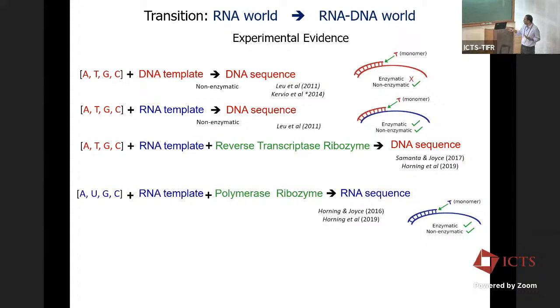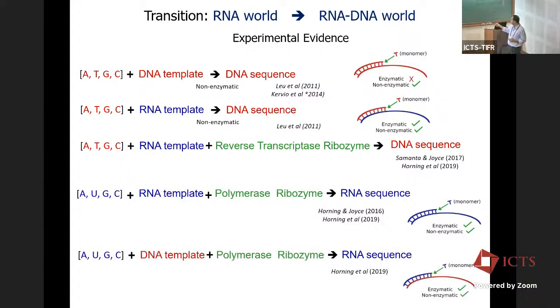So they found that there was a RNA polymerase which could replicate both DNA templates as well as RNA templates. So in other words, it could extend primers, both DNA primers on DNA and RNA templates and RNA primers on RNA and DNA templates. And these experiments mainly came from the group of Joyce at Scripps.